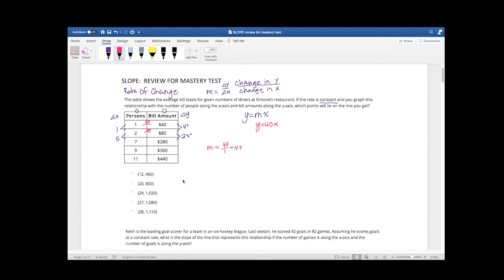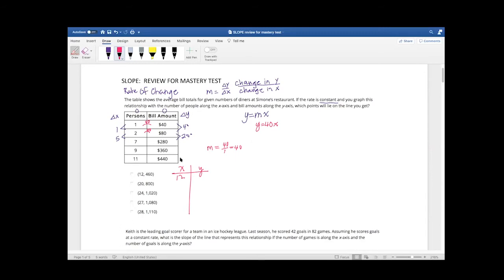And then they're asking which points would actually fall on this line. Well, if they fall on the line, they need to make these x and y values true. Given a table, we can use these x values to see if they would in fact give me that y value. Like here I have 12.